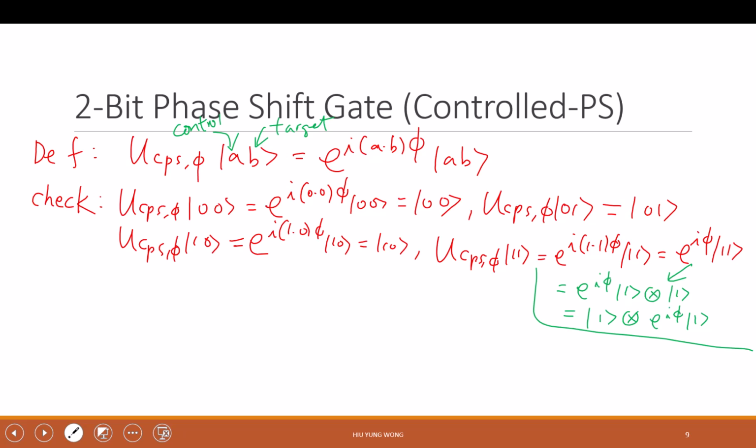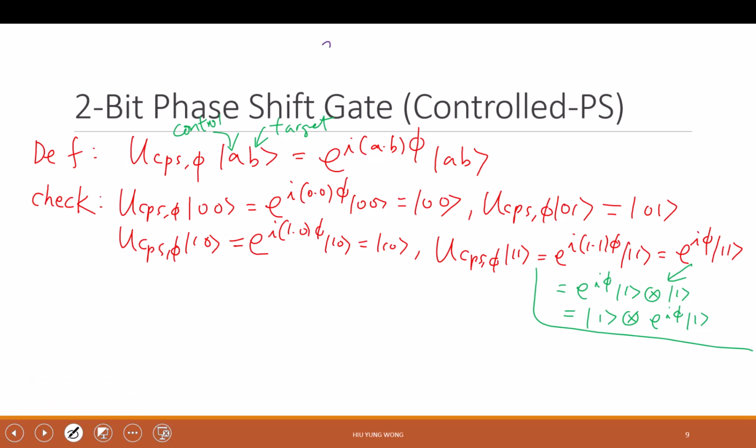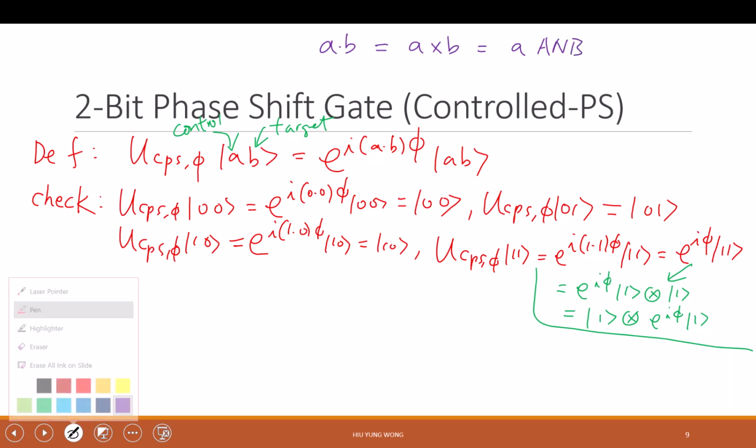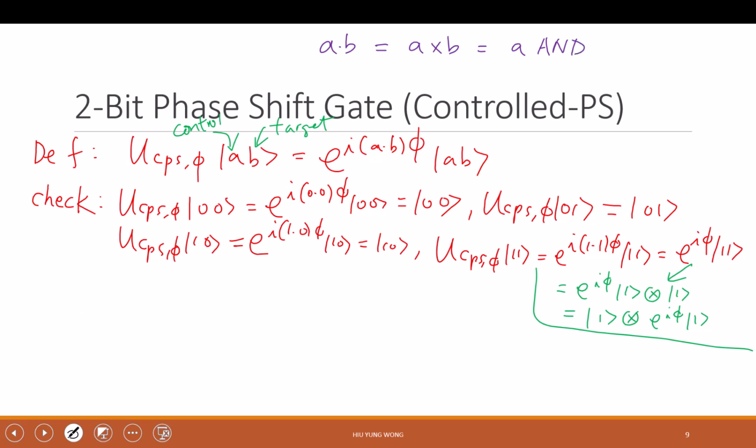Sorry. Now this one is really confusing. I should have emphasized it. When I say A dot B, you can think of A times B or A and B. Usually it's actually A and B, depending on the context. It's the AND operation. So that is not a matrix.